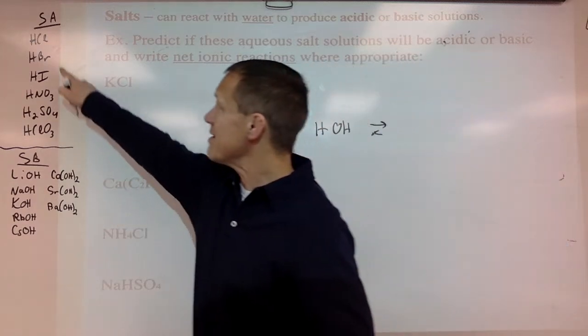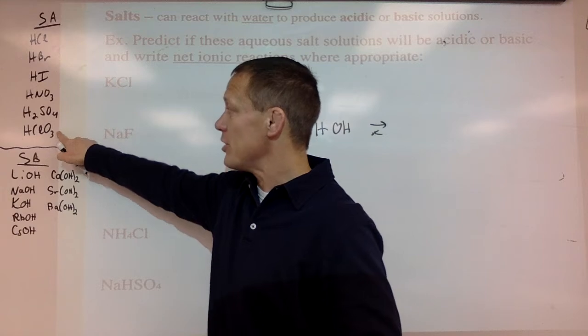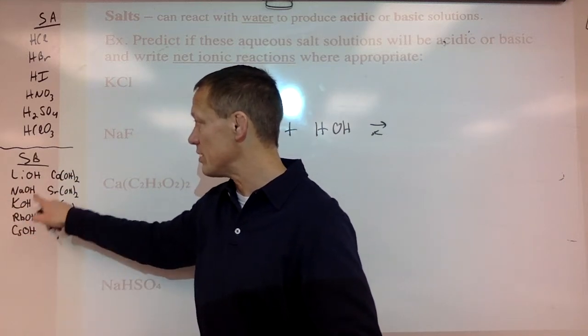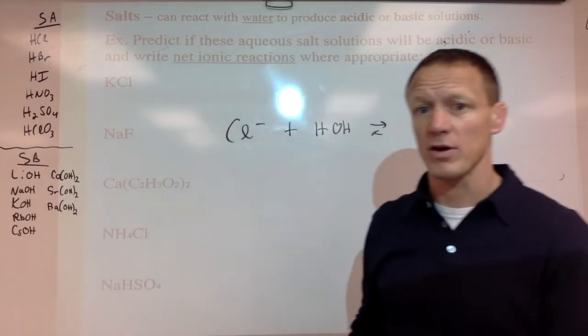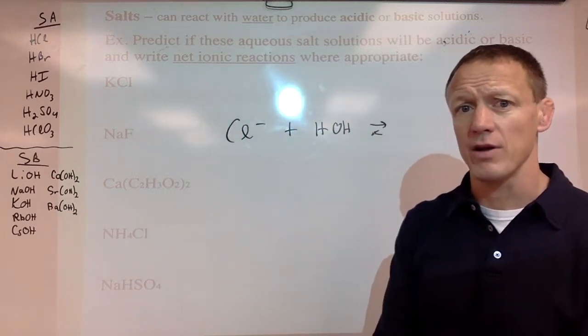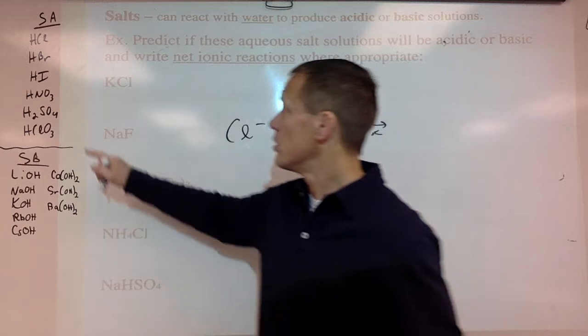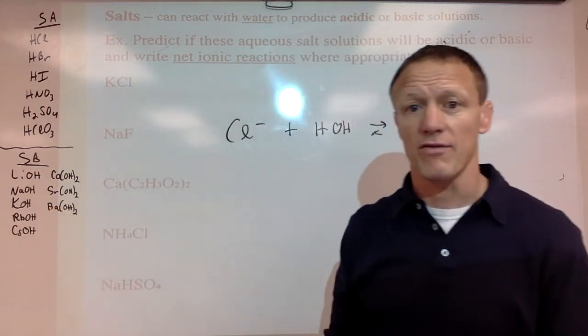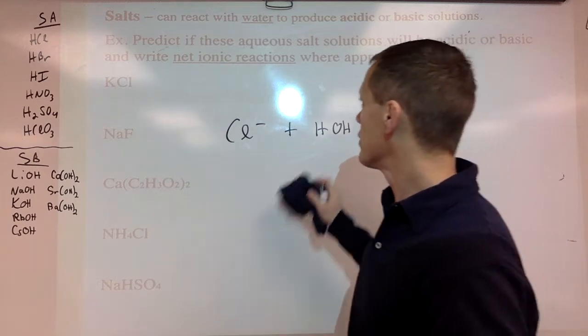So any of these anions don't affect pH, and these cations, lithium, sodium, potassium, rubidium, cesium, calcium, strontium, barium, those don't affect pH. All other ions do affect pH. So the negative ions of the strong acids, the positive ions of the strong bases do not affect pH. All the other ones do.